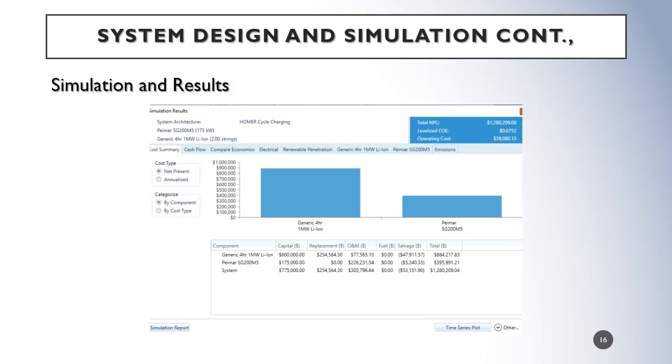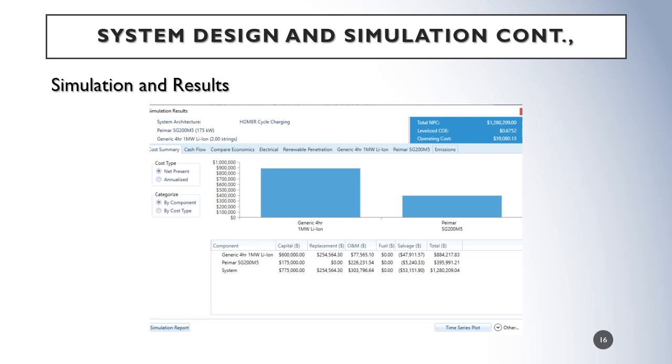The picture shows the total net present cost of the project, and we can clearly see that the NPC of the battery is relatively high compared to the NPC of the solar system. And in the cost summary, we can see the total NPC is around $1,280,000, and to establish the system we have to spend $775,000.